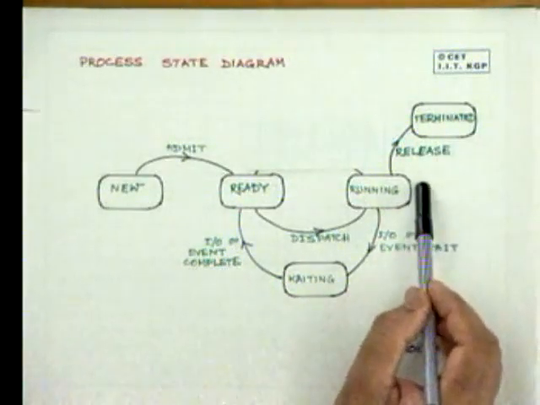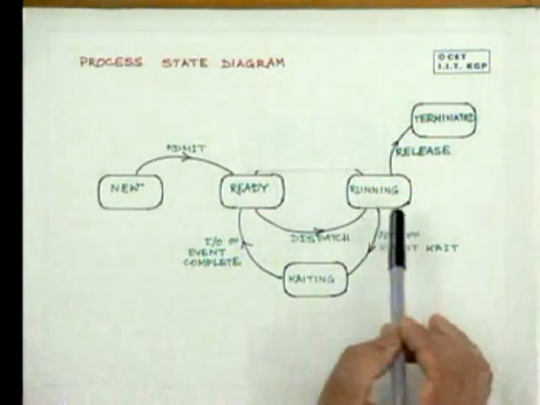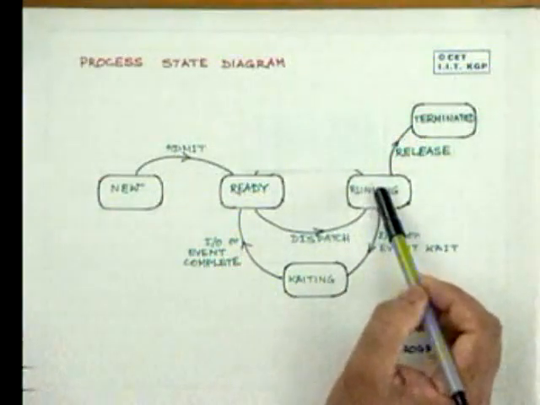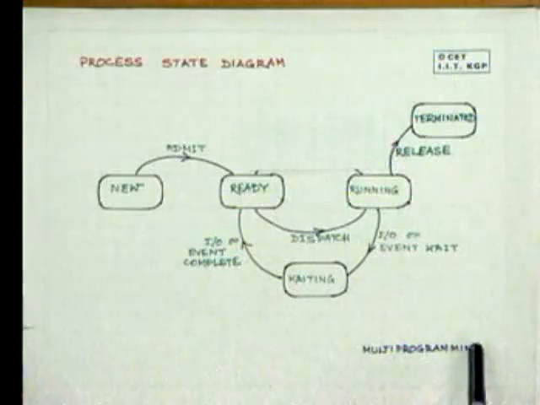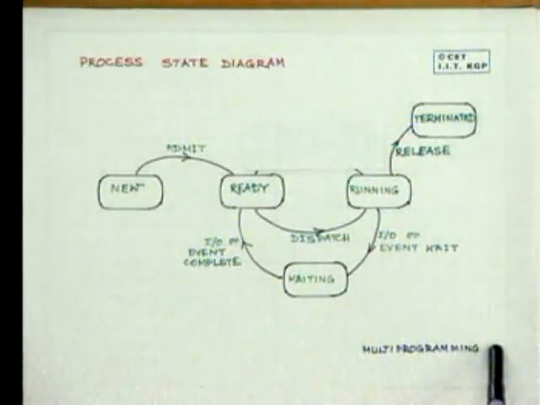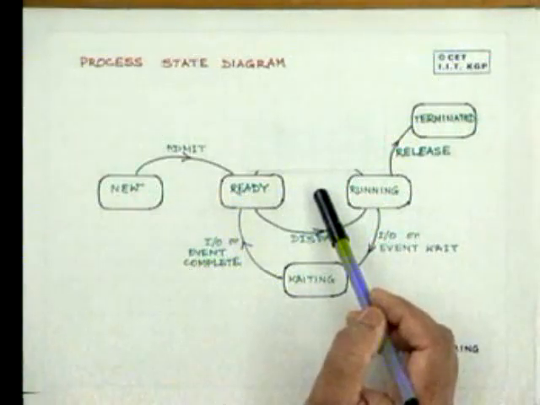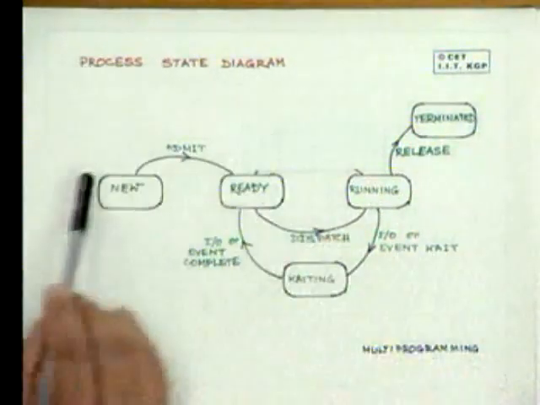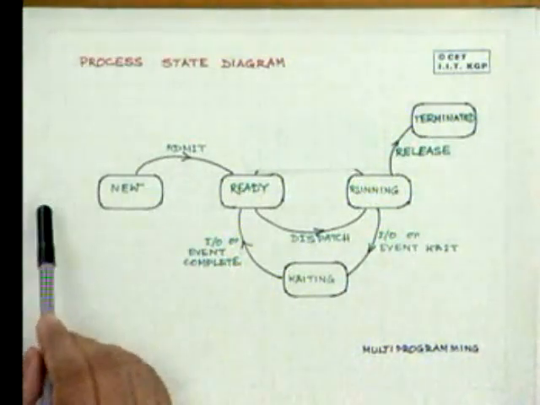This is a tremendous wastage of resource, and as such, mostly it's never a single process that runs in a system. This leads to the concept of what we call multi-programming, where more than one process is created out of a single program or out of many programs that are submitted to the system.